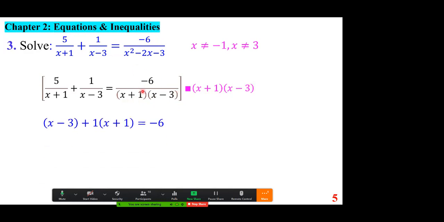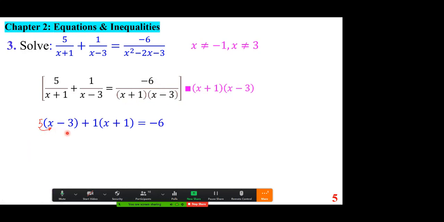So you have 5 times x minus 3 plus 1 times x plus 1 equals negative 6. Okay. And so you are going to distribute the 5.